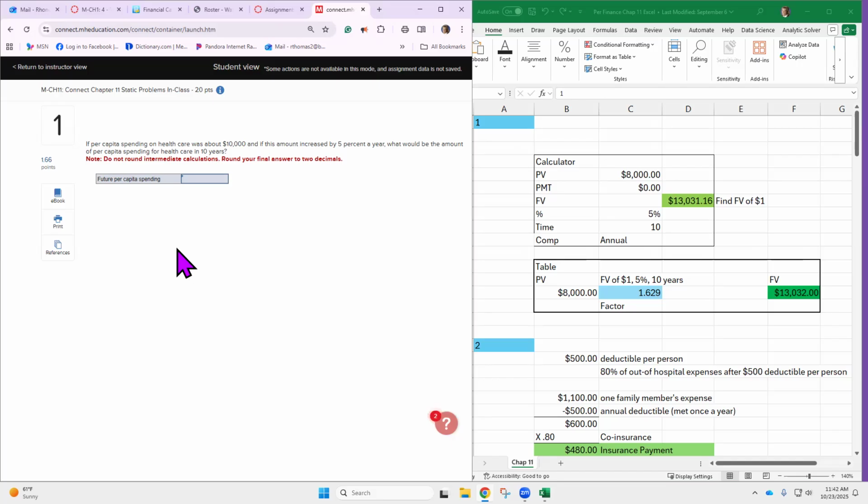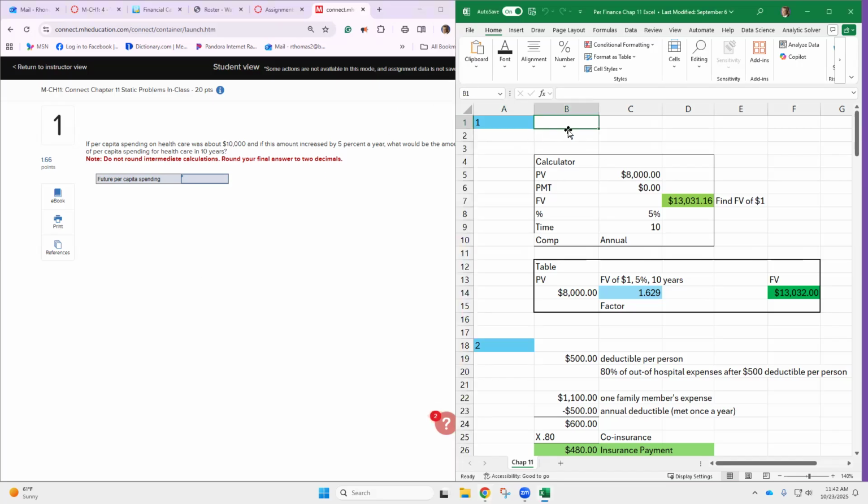It says per capita. What's per capita? That's per person. Per capita is per person whenever you see that in a problem.